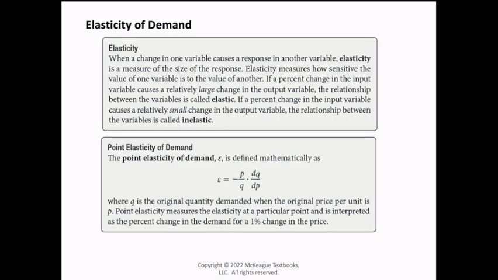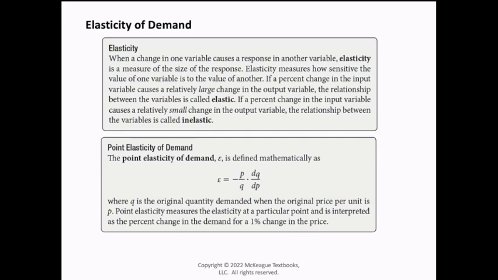The last topic in this lesson we're going to discuss is called elasticity of demand. So here's the official definition, and basically what the elasticity of demand tells us is how much people change their buying habits when price changes. So if the demand for a product changes a lot when the price changes a little, then we say that it's elastic.